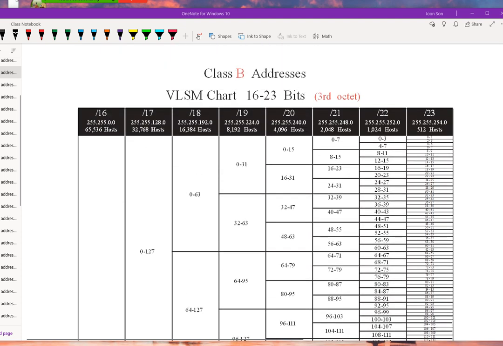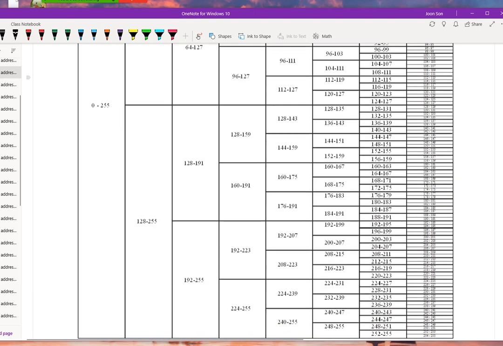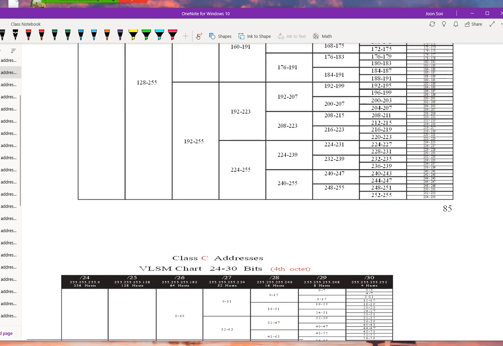Okay, so the first one, I can use this block. /21 can only have 2,000, but what I need is 2,400, so I need to use /20.